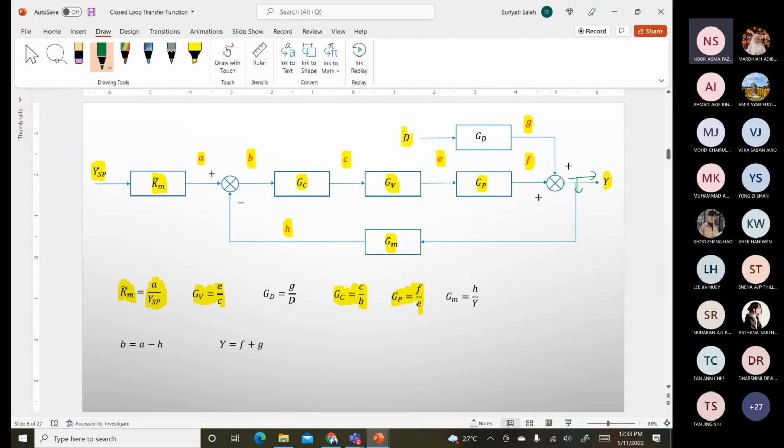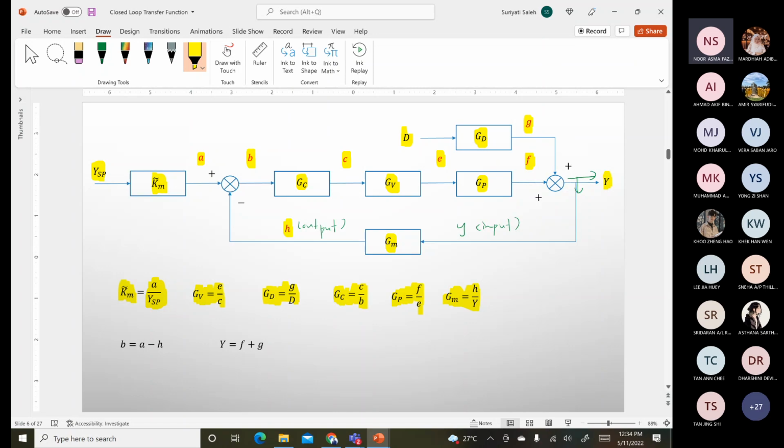When it splits, it still carries the same symbol, so the second line represents Y. So for this part, Y is your input and H will become your output, resulting in GM equals H over Y. And lastly, GD. For GD, you have G and the capital D, so GD equals G over D. So this is the transfer function relationship between input and output according to the labels in the block diagram.